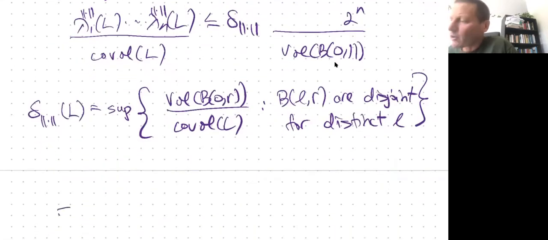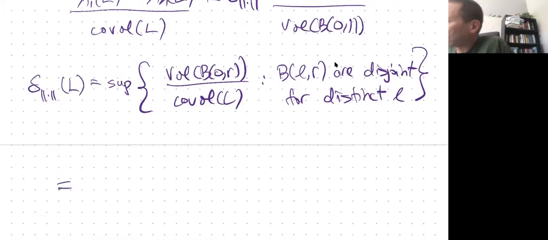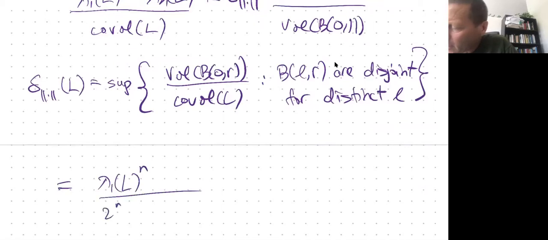I'll draw a picture in a moment, and I'll just write down a fact. This is also equal to lambda 1 of L to the n divided by 2 to the n, over the co-volume of L.